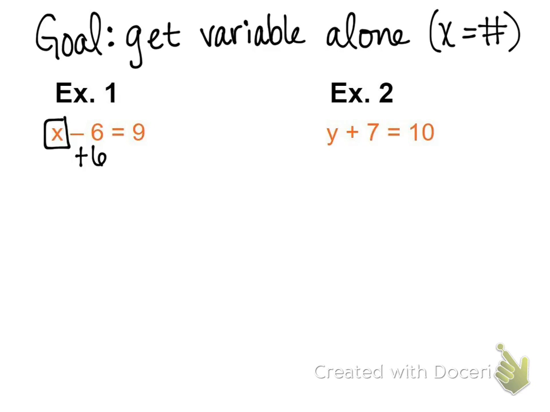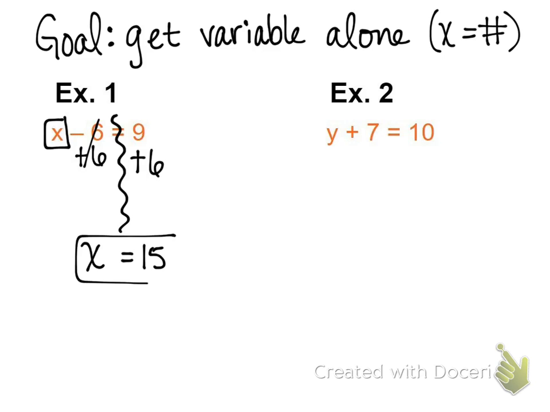That's why some people also will put a line down through their equal sign, so they know where they're adding both sides of that line. When we do that, negative 6 plus 6 cancel out. That's what we want to have happen. x equals 15 is great.